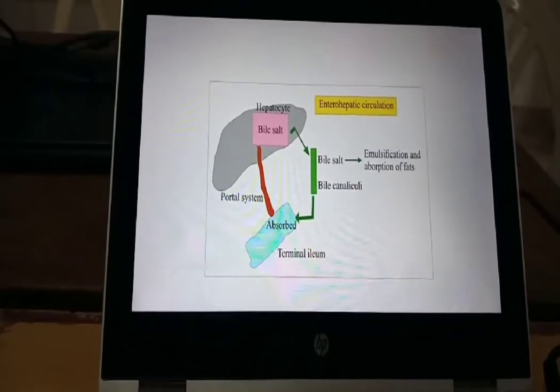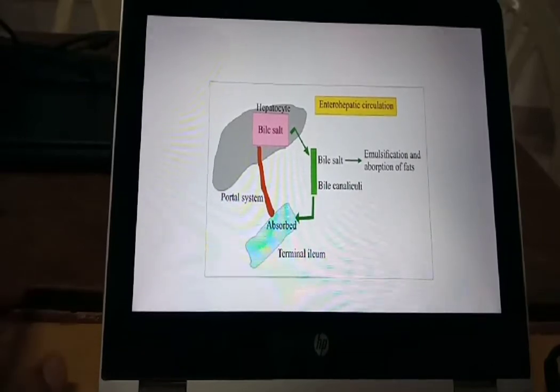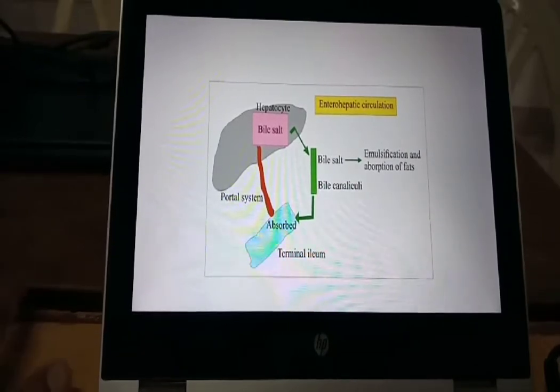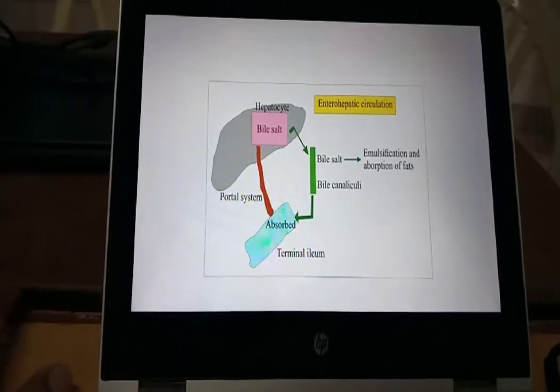If the portal system did not exist, blood would go directly from the intestine into the systemic circulation, and it would destroy the brain. So that is why a portal system is needed, to take all the blood, have it detoxified in the liver, and then taken into the systemic circulation through the hepatic veins.